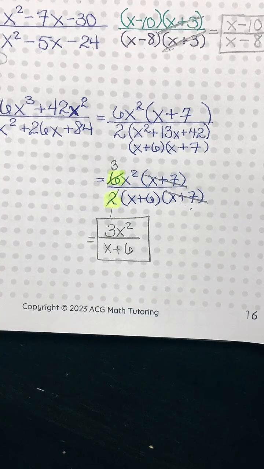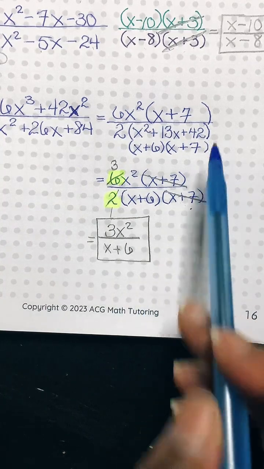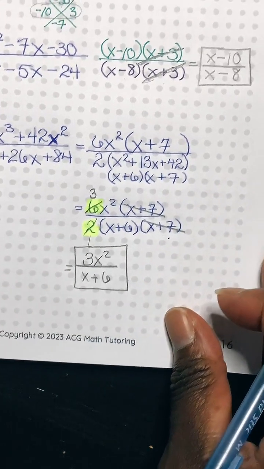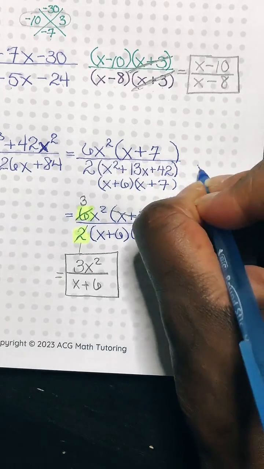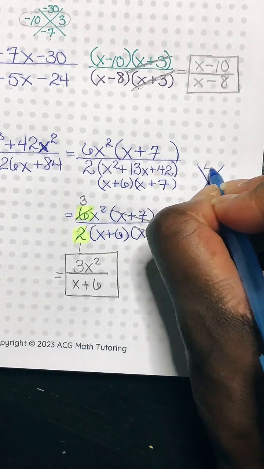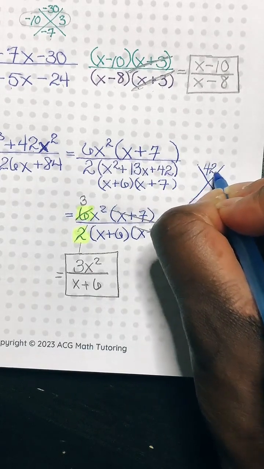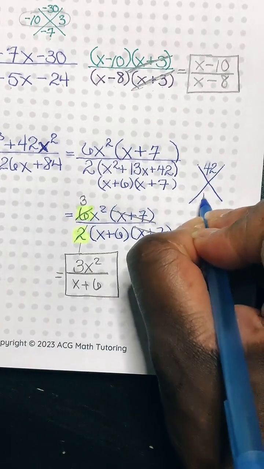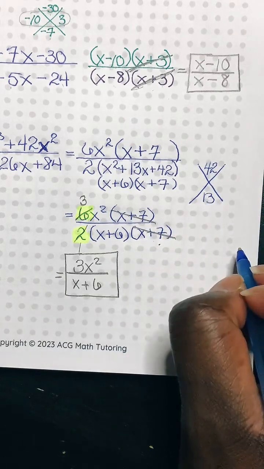What I did wrong. Jumped in the end. Where'd the 42 go? So the 42 was factored. Let me see if I can bring it down a little bit. So the 42, we went through this whole, what two numbers multiplied together would give me 42 and add together to give me 13.